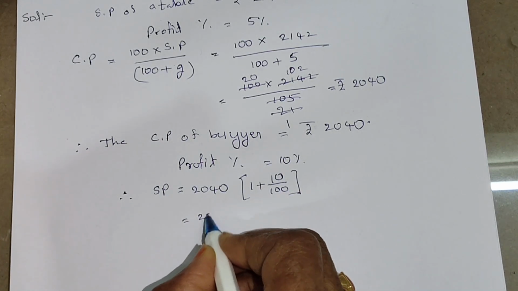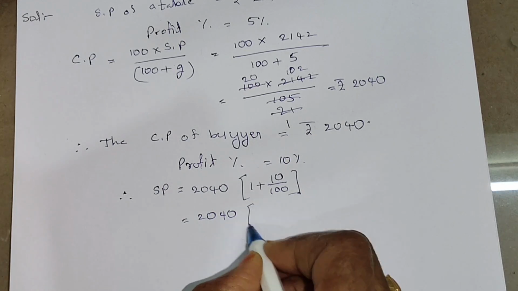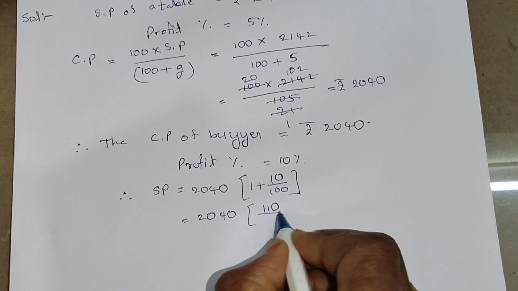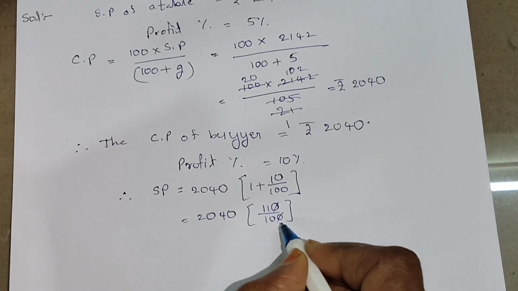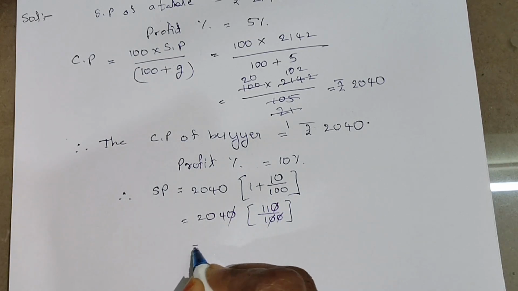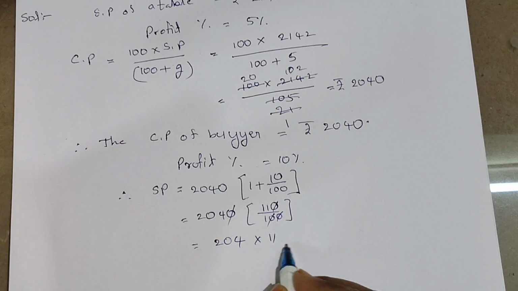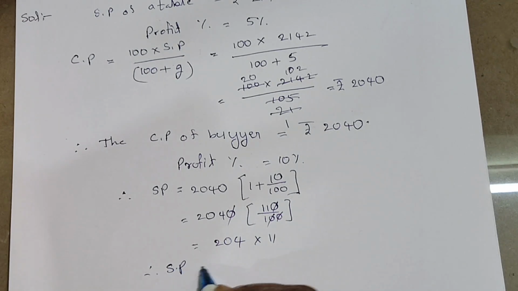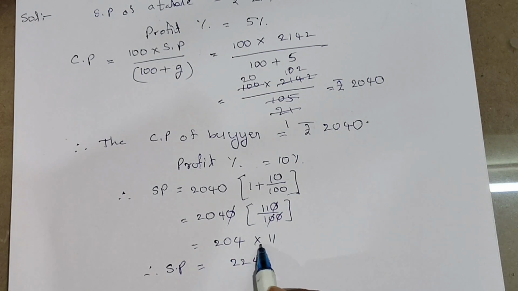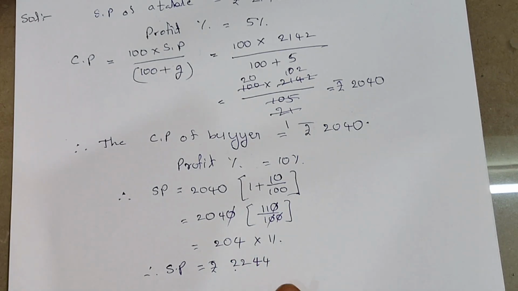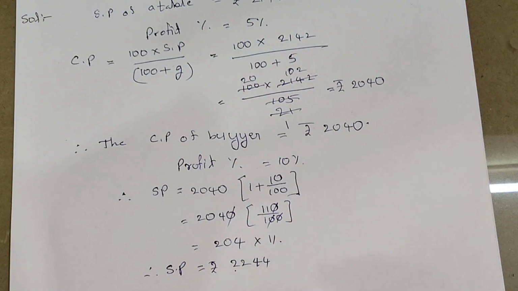Now 2040 into 110 by 100. Now 0 gets cancelled, and this 0 and 2 are cancelled. Now 204 into 11. So multiply these two numbers. Therefore selling price is 2244. Here 204 into 11 is equal to 2244 rupees. This is the selling price. Here gain is 10%, so finally our selling price is 2244 rupees.